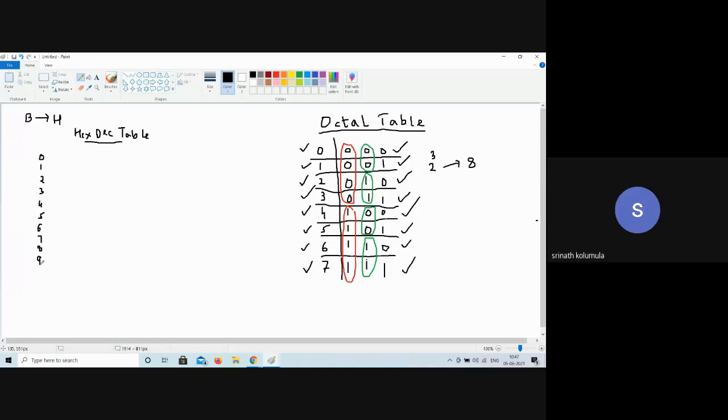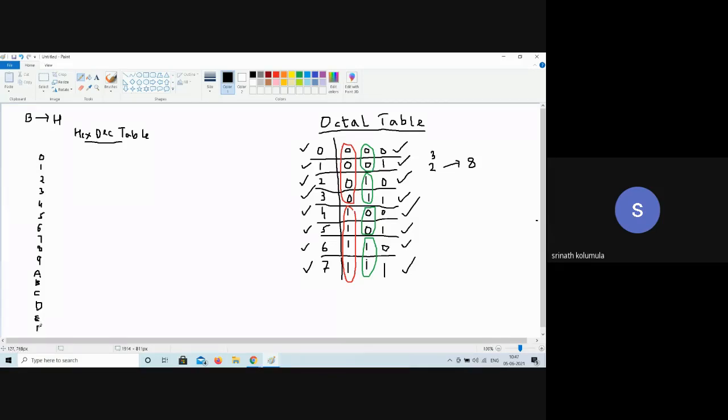A. Very good. 11 is B. 12 is C. 13 is D. 14 is E. And 15 is F.